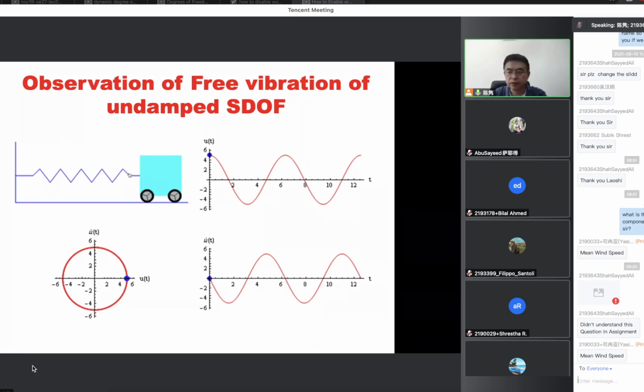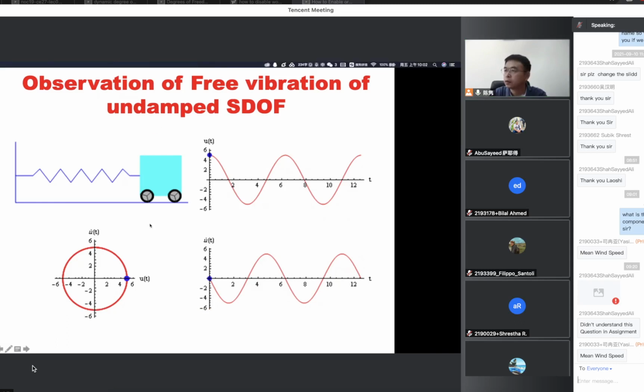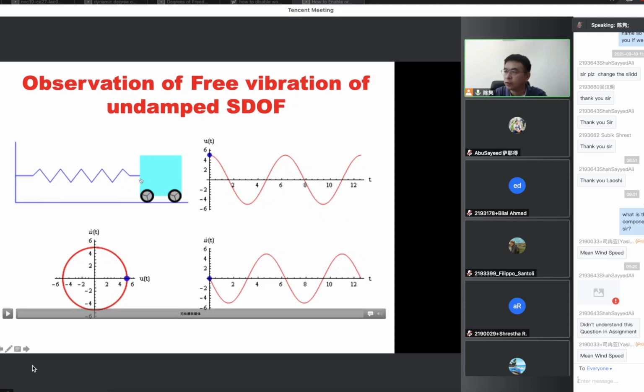Okay, someone please turn off your microphone. Then if you observe this, you will find it vibrates like this, which is a harmonic one.